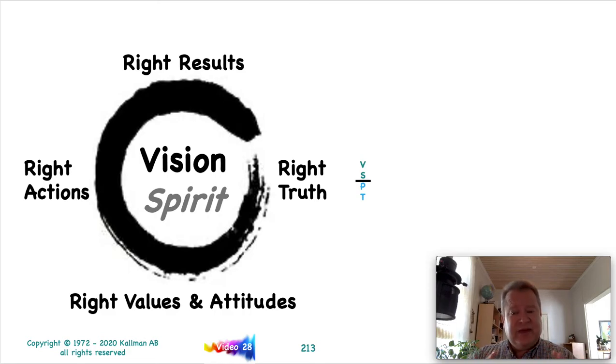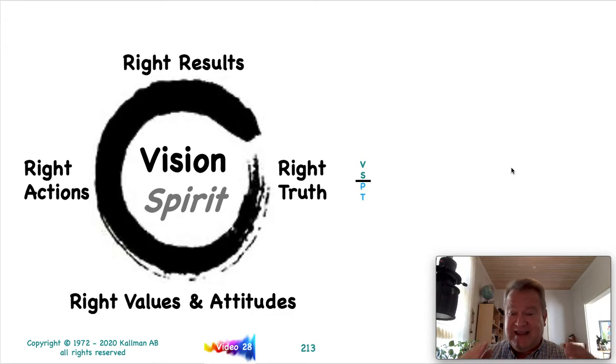It might impact how you work with and support and help that person on their journey, but it shouldn't be the like, oh, you've got the wrong truth, bye. And I don't mean it that way, not at all. But these first three, right truth, right values and attitudes, and right actions, those first three are the foundation of every religion, every philosophy on the planet.